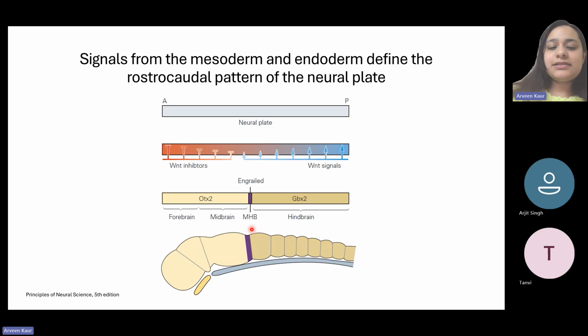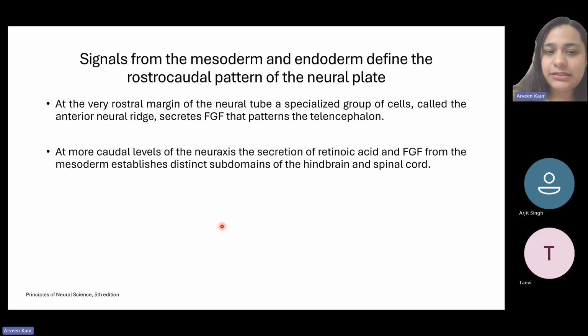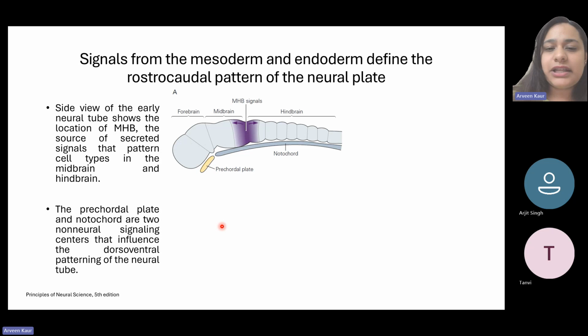And in between, there is a midbrain hindbrain boundary wherein a third transcription factor, engrailed, is activated, right? Which will have another distinct characteristic inside the brain, right? So that is what we studied, that along with this kind of Wnt signaling, there are also signals from the mesoderm or other developmental layers, right?